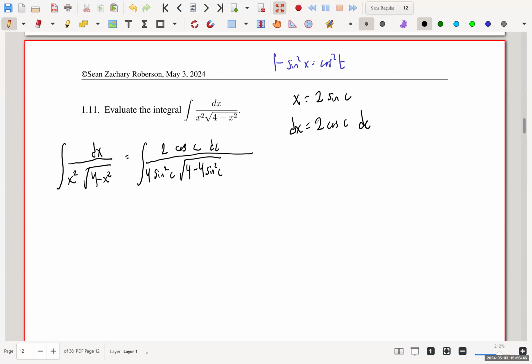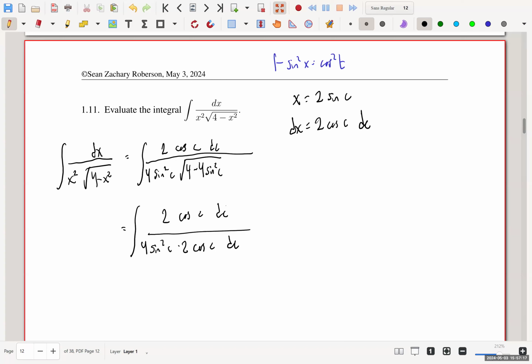Okay. I can pull the 4 out of the square root, and it comes out as a 2. So we have 4 sine squared C. Pull the 4 out as a 2, and then what's left in the square root is 1 minus sine squared, which is cosine squared. The square root of cosine squared is cosine.